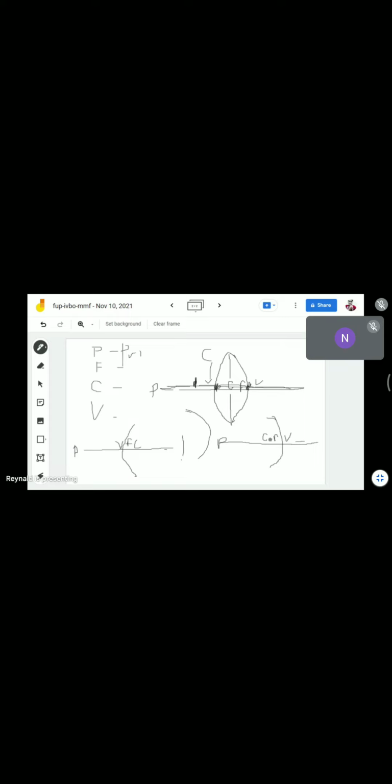Okay, once more. We have different parts in our ray tracing diagram: the principal axis, the focus, the center of curvature, and the vertex. Those are the 4 major parts of the ray tracing diagram.